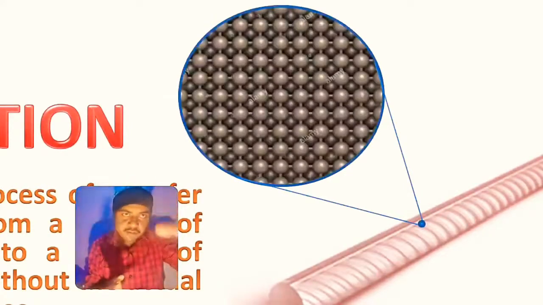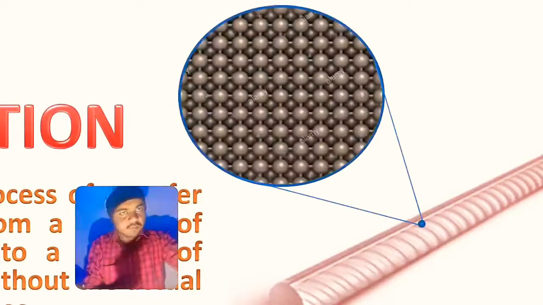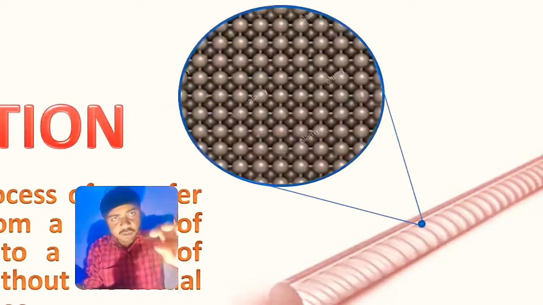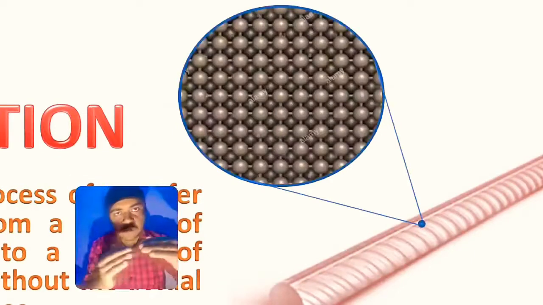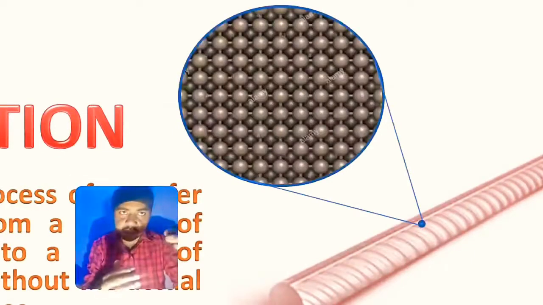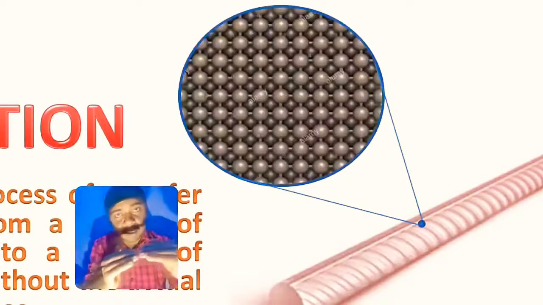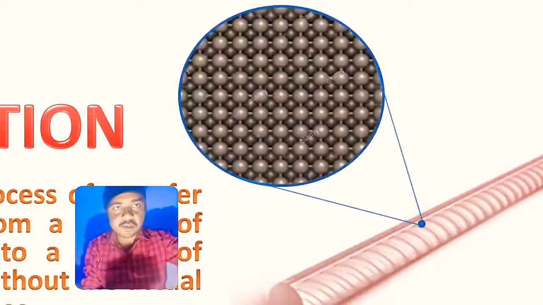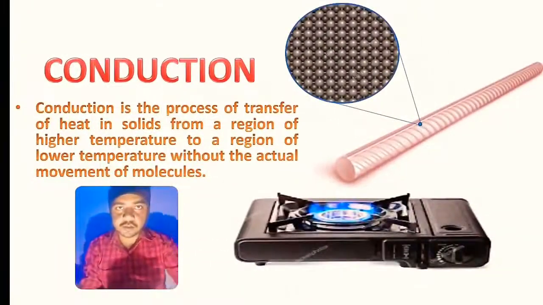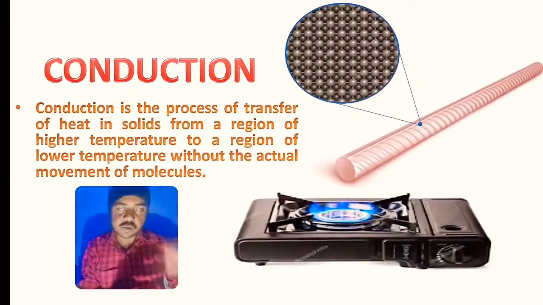Similarly, this one is hot, heating up continuously, and that one is cold, so in coming in contact, the heat is transferred. This process of transfer of heat, when something directly comes in contact, is called conduction. It happens in solids.